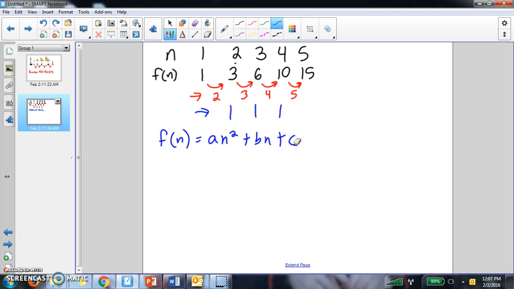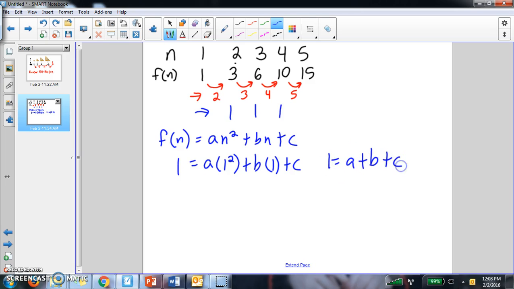If I do sequence 1, I know that 1 was equal to a times 1 squared, because that was the first value in the sequence, b times 1 plus c. So 1 is equal to a plus b plus c.